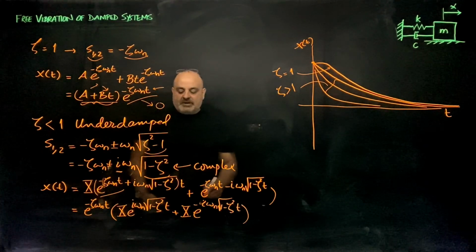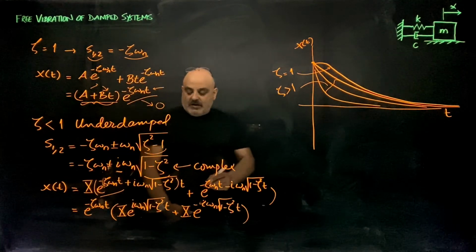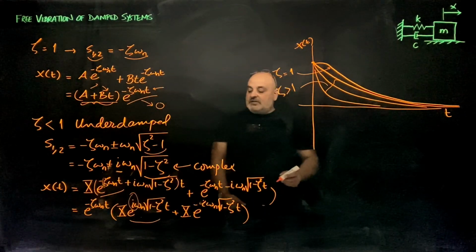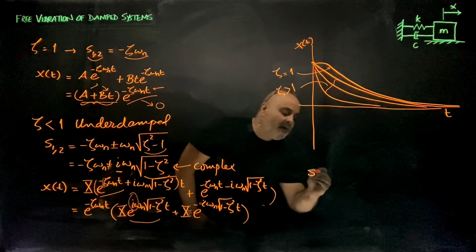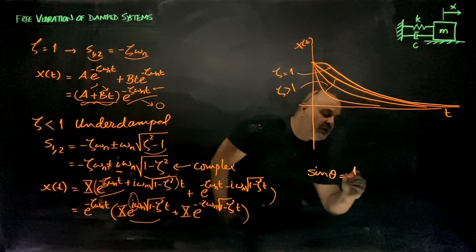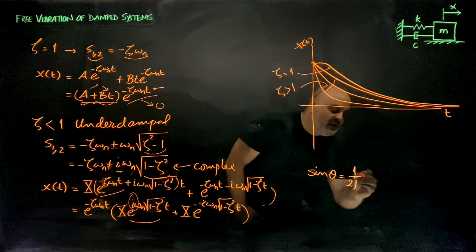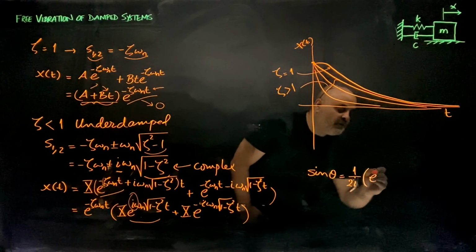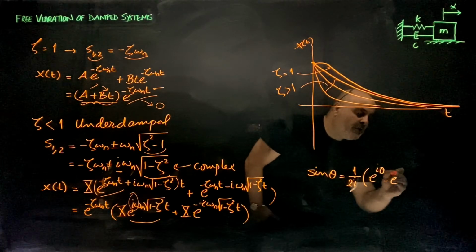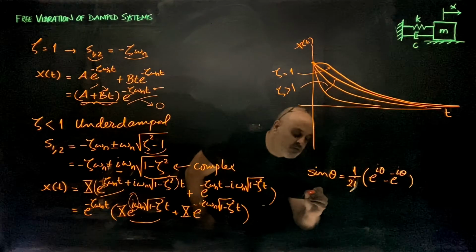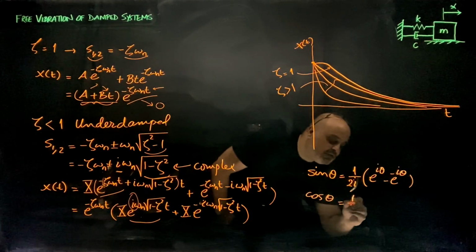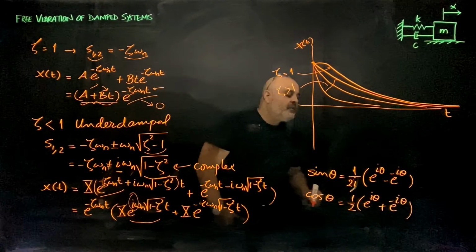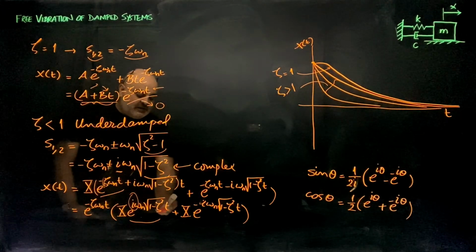Now recall that when we have an exponential function with a complex index or imaginary term, sine of theta is 1 over 2i times e to the power i theta minus e to the power negative i theta, and cosine theta is 1 over 2 times e to the power i theta plus e to the power negative i theta, which means I have the same thing here.